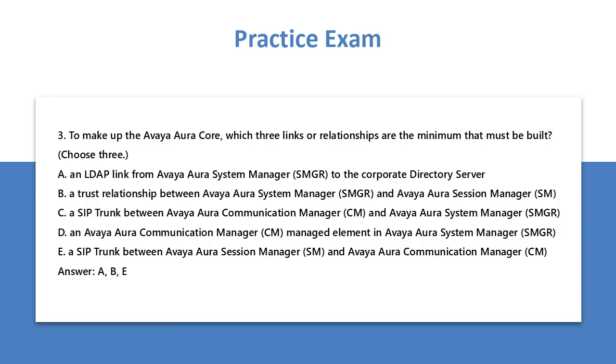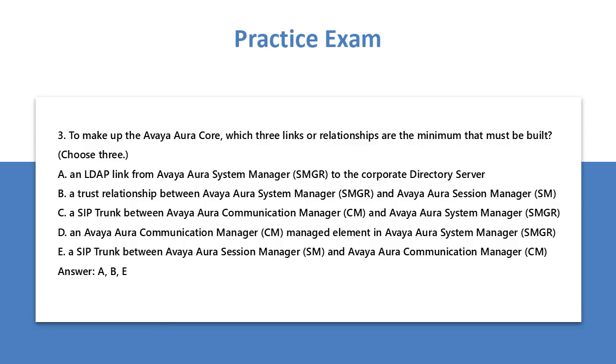3. To make up the Avaya Aura Core, which 3 links or relationships are the minimum that must be built? Choose 3. A. An LDAP link from Avaya Aura System Manager, SMGR, to the corporate directory server. B. A trust relationship between Avaya Aura System Manager, SMGR, and Avaya Aura Session Manager, SM.